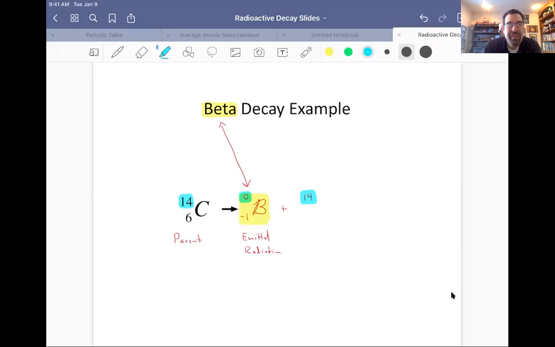Now let's look at the number of protons. The number of protons we had was 6, and one of the neutrons is going to turn into a proton. So if the number of protons was 6 and a neutron turns into a proton, how many protons are we going to have in the daughter nucleus?